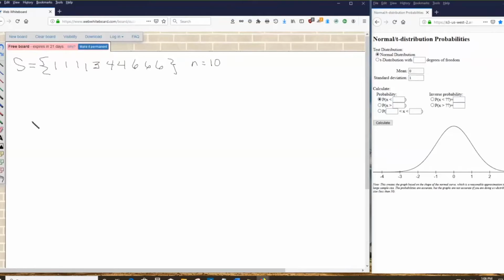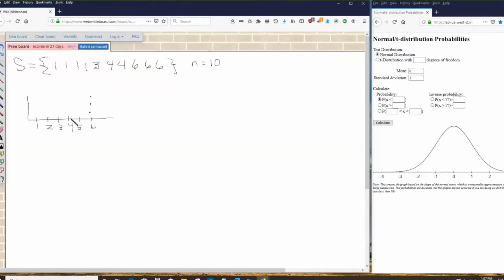Then that frequency distribution would look like this. So if I have 1, 2, 3, 4, 5, 6, I'm going to do a dot plot of the frequency distribution for this particular sample space.